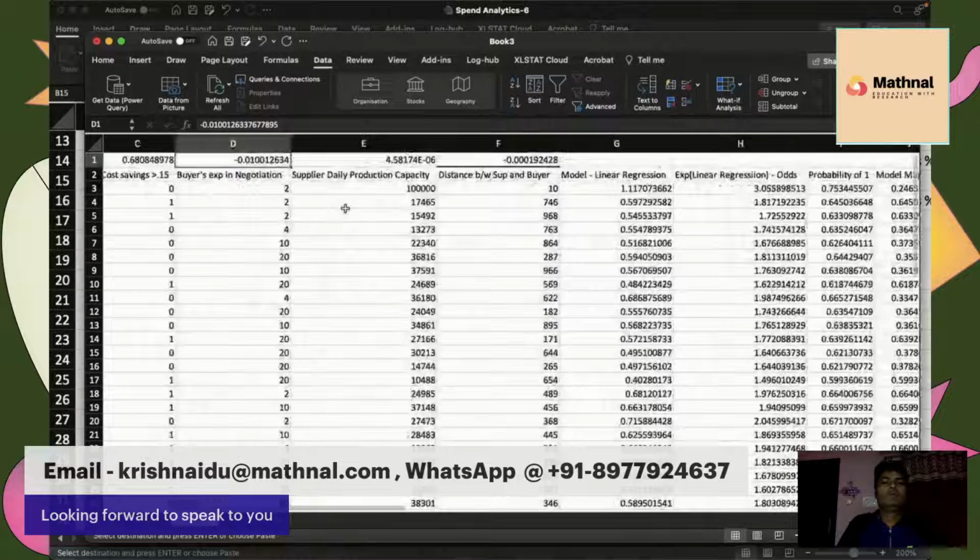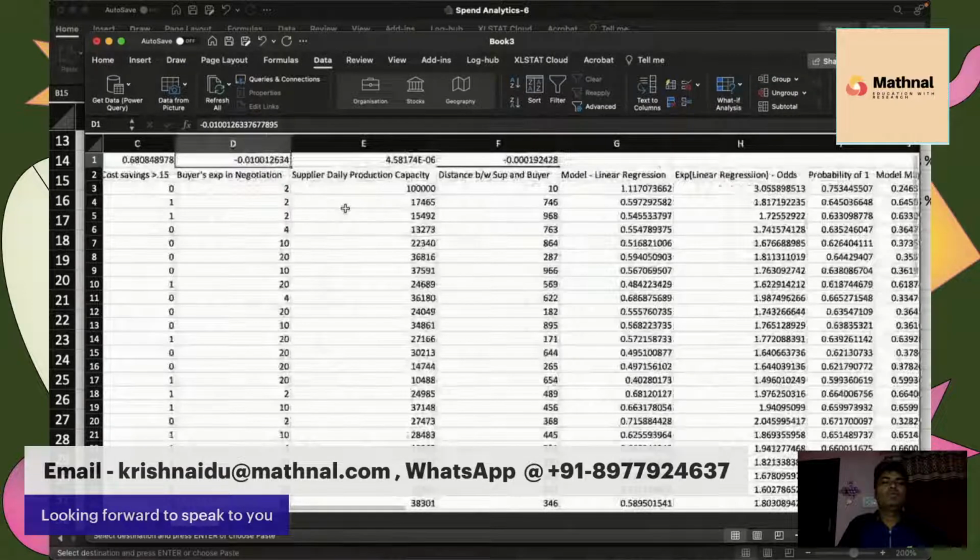So here it is decreasing. So as we increase the distance, the probability of cost savings more than 15% is decreasing. This also makes sense. So if you want to increase our cost savings, we need to decrease the distance between supplier and buyer.